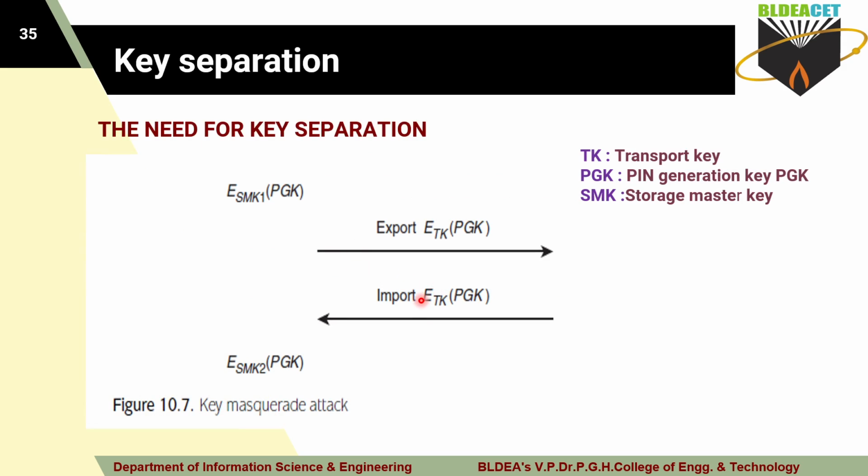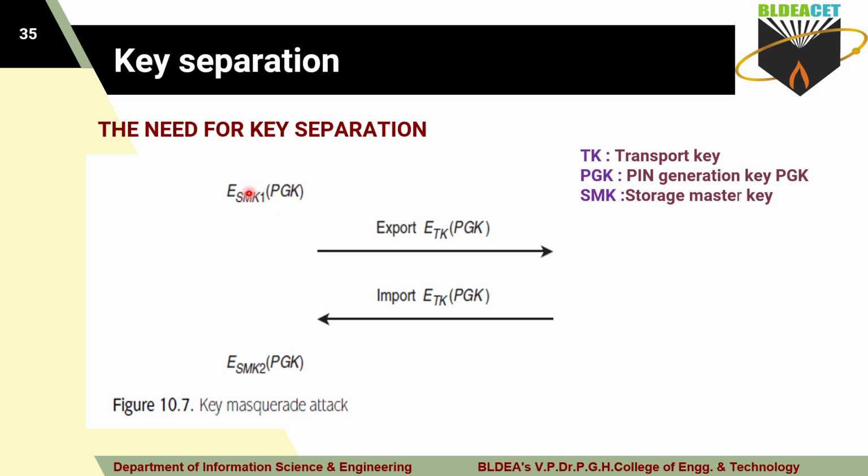Here is one example, where you are using the PGK, the pin generation key, and this pin generation key is stored in the HSM. To store it in the HSM you require a key, which we call SMK1, the storage master key.